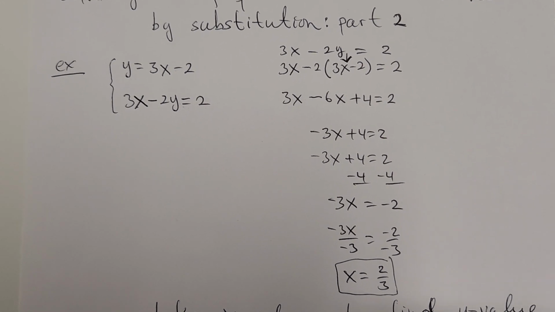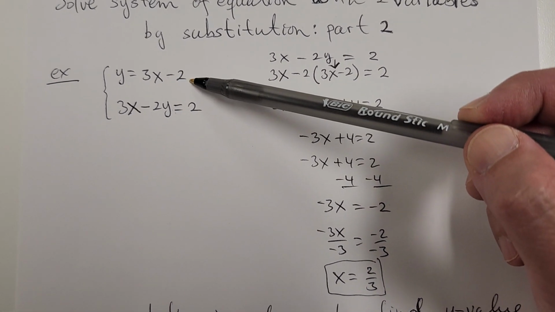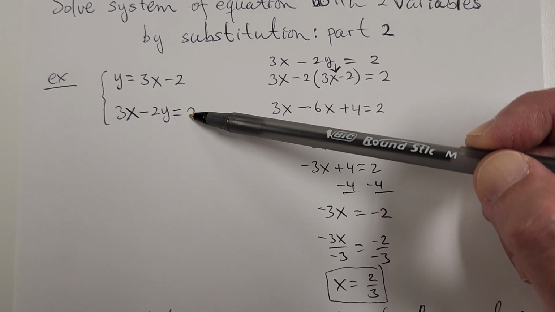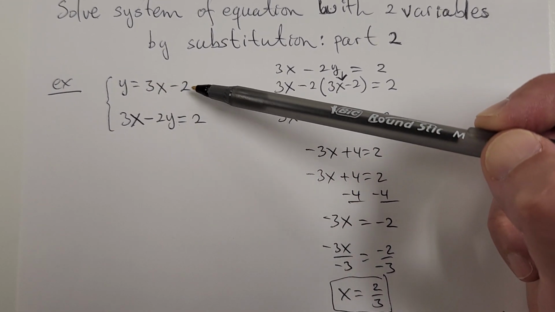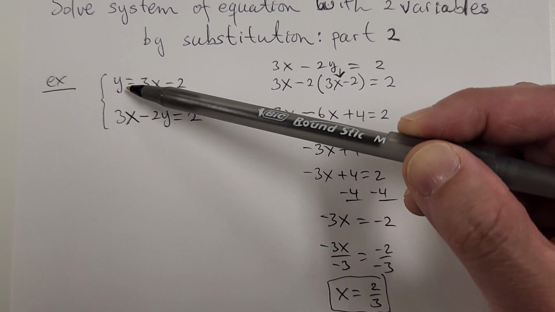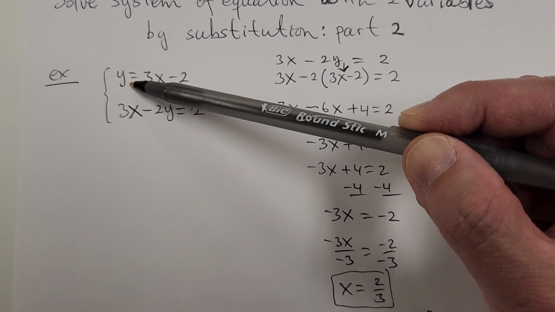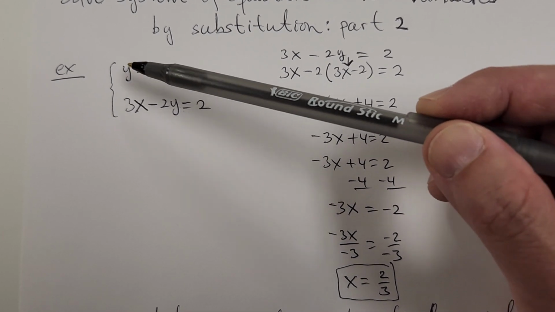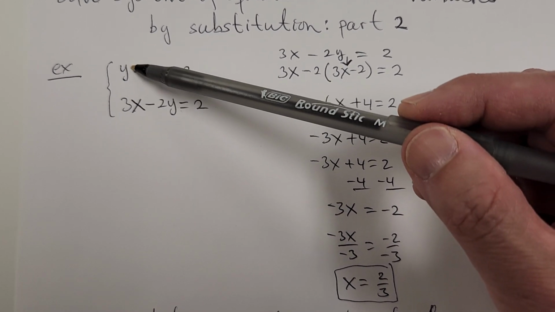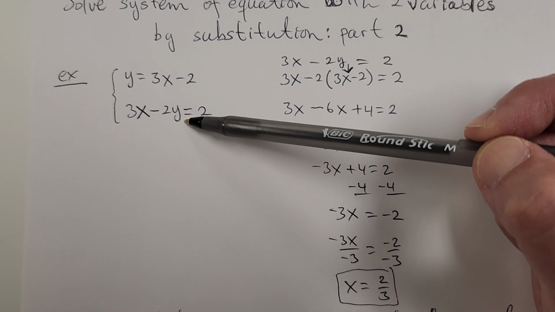Okay, so one more time. This is the first equation. This is the second equation. However, this first equation is already by itself. Why? Because the letter y is by itself, so plug it into y. If x is by itself, then plug it into x. If y is by itself, plug it into y.